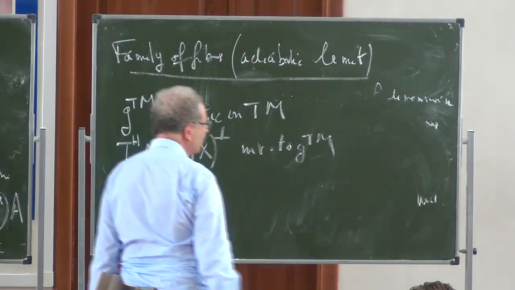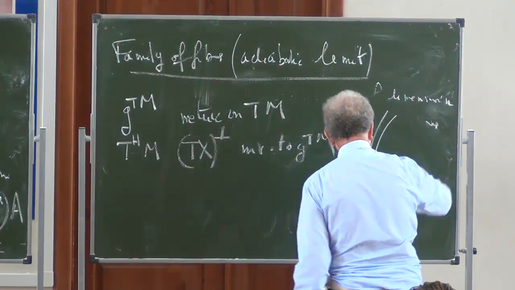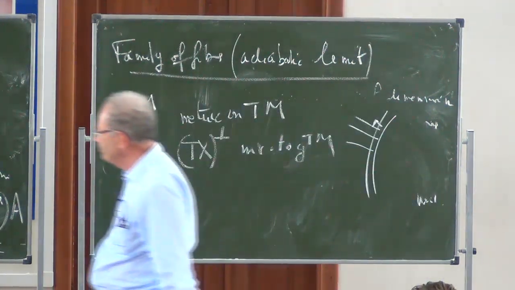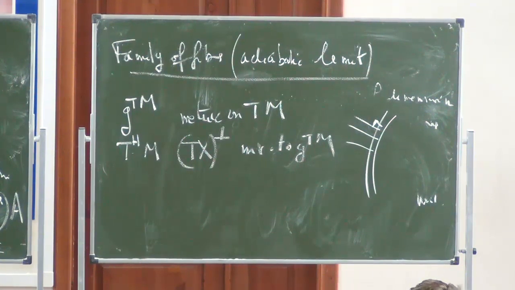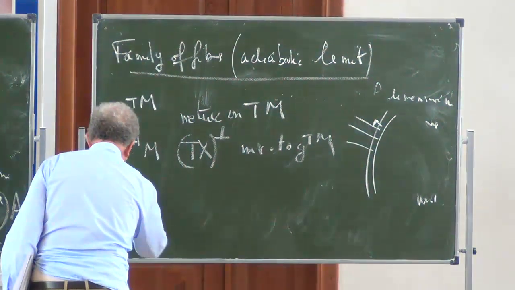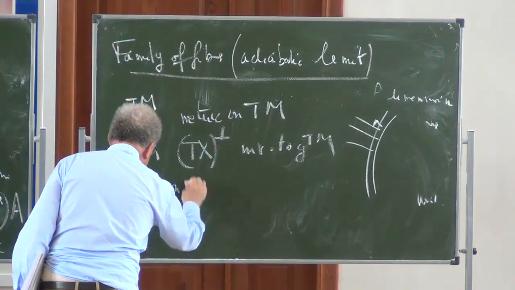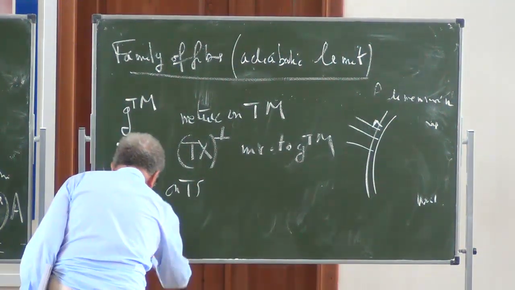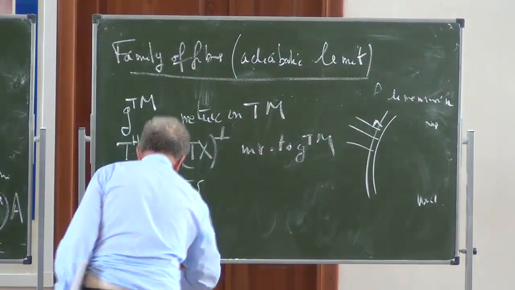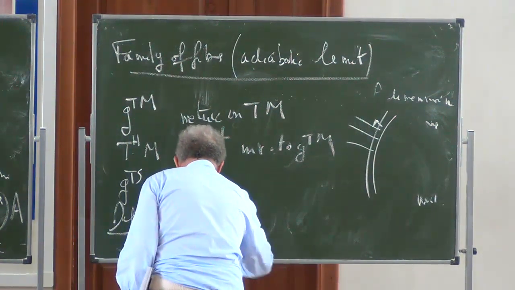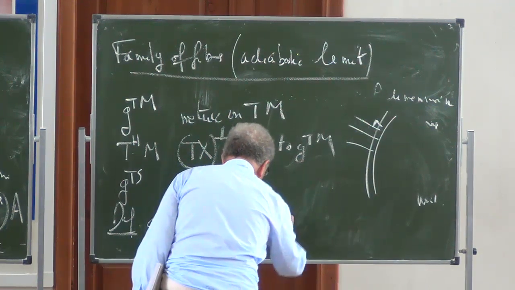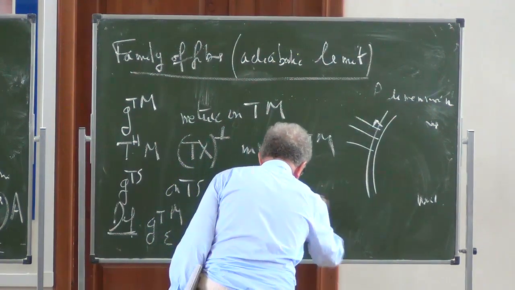Any metric defines a horizontal bundle, which is obtained this way by orthogonality. Now, let me take g^TS to be a metric on the base, and by definition I define the metric g^TM_epsilon, for epsilon positive, to be g^TM plus 1/epsilon times the pullback of g^TS.